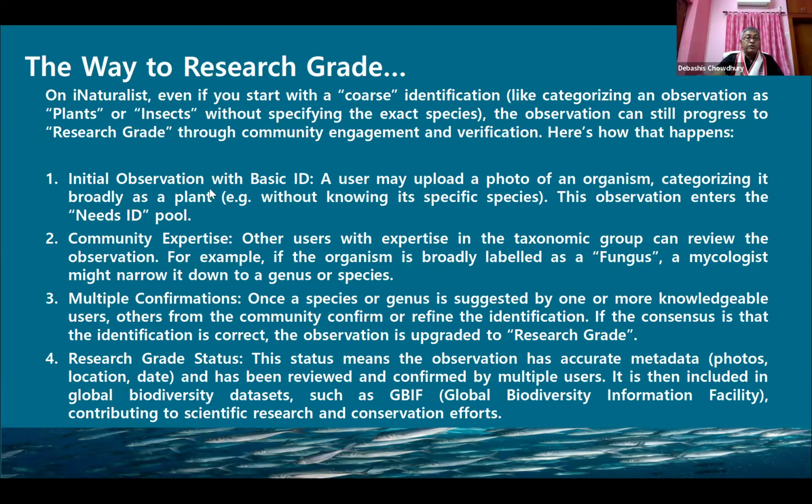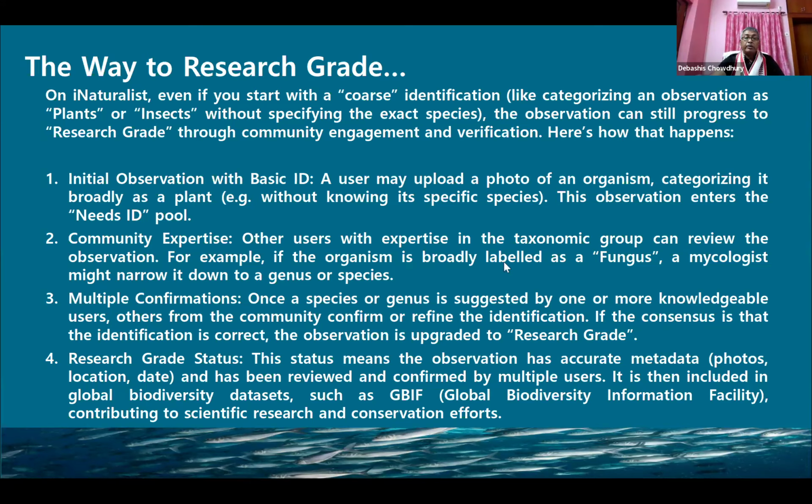So initial observation with basic ID, a user may upload a photo of an organism, categorizing it broadly as a plant without knowing its specific species. This observation enters the needs ID pool. So now the observation will be marked as needs ID. The community will now enter the scene. Community expertise.